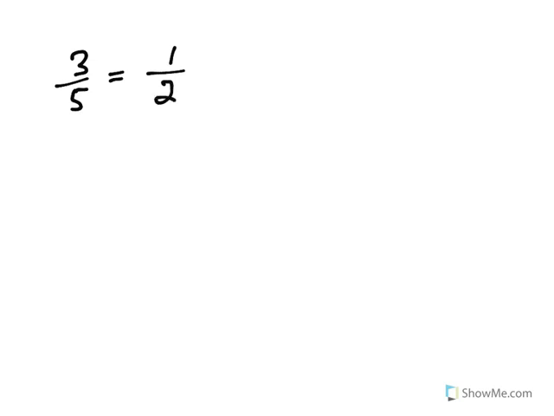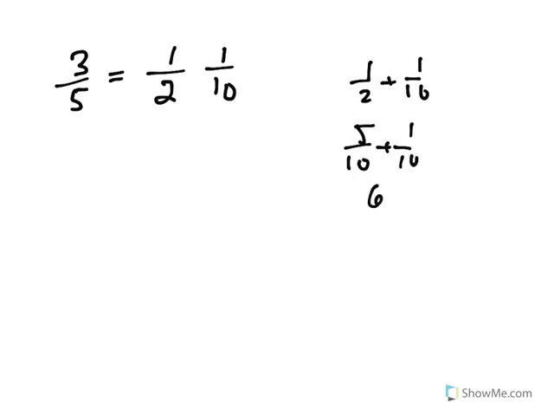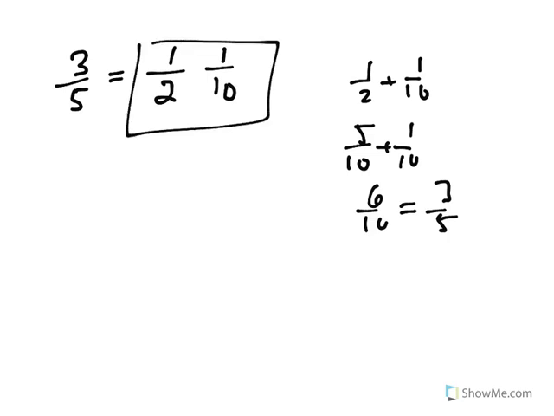But for now, let me just tell you that 1/2 plus 1/10, if you don't believe it, is 5/10 plus 1/10, which is 6/10, which is 3/5. So when they wanted to express the idea of 3/5, they would say it's 1/2, 1/10. That's their way of expressing the idea of 3/5.